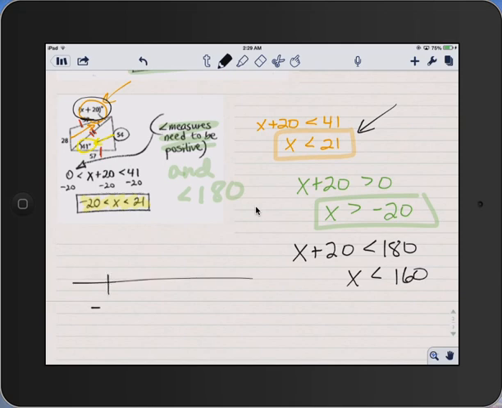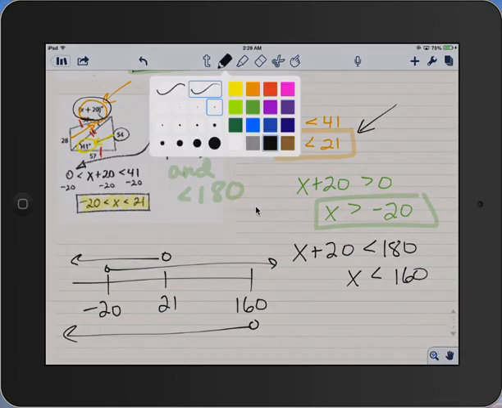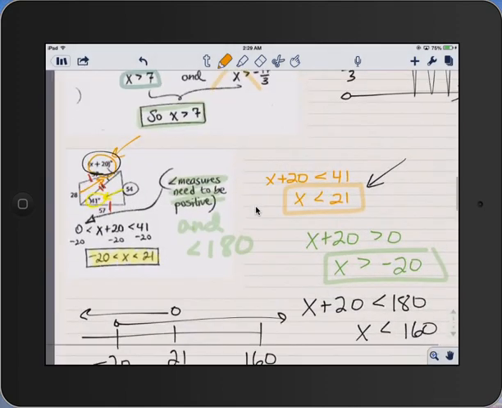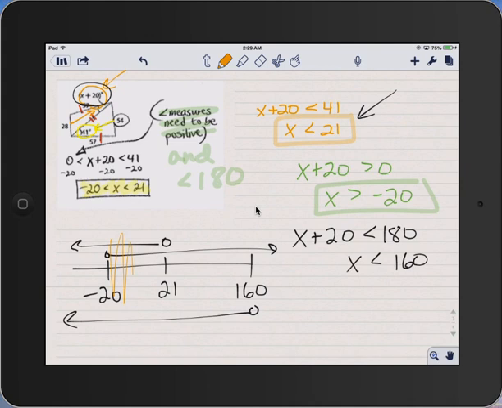Here's negative 20. Here's 21. This is not on a scale by any stretch of the imagination. There's 160. So less than 21 would be that way. Greater than negative 20 would be that way. Less than 160 would be that way. Where do they all overlap? Right here in the middle. So it's the numbers between negative 20 and positive 21.